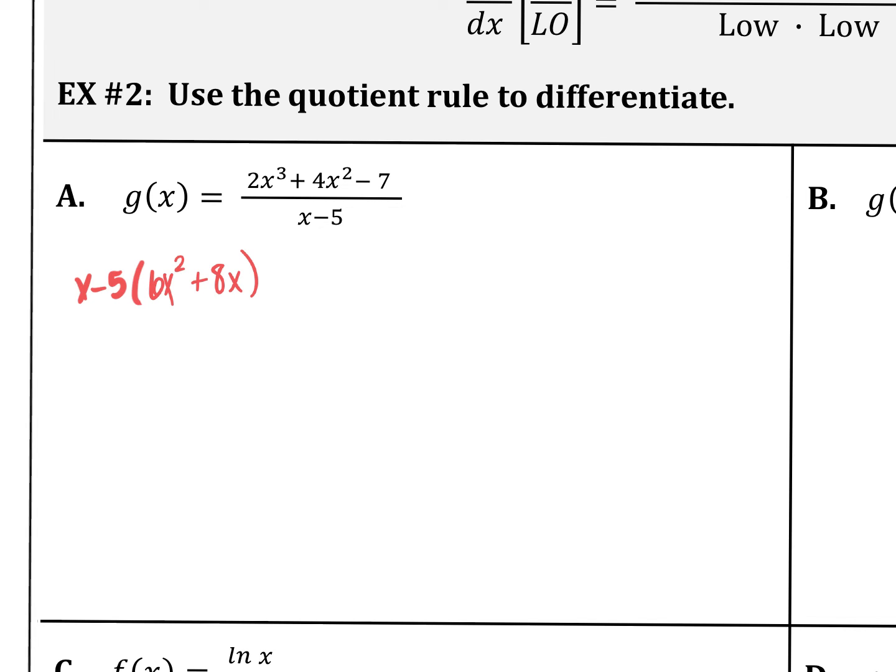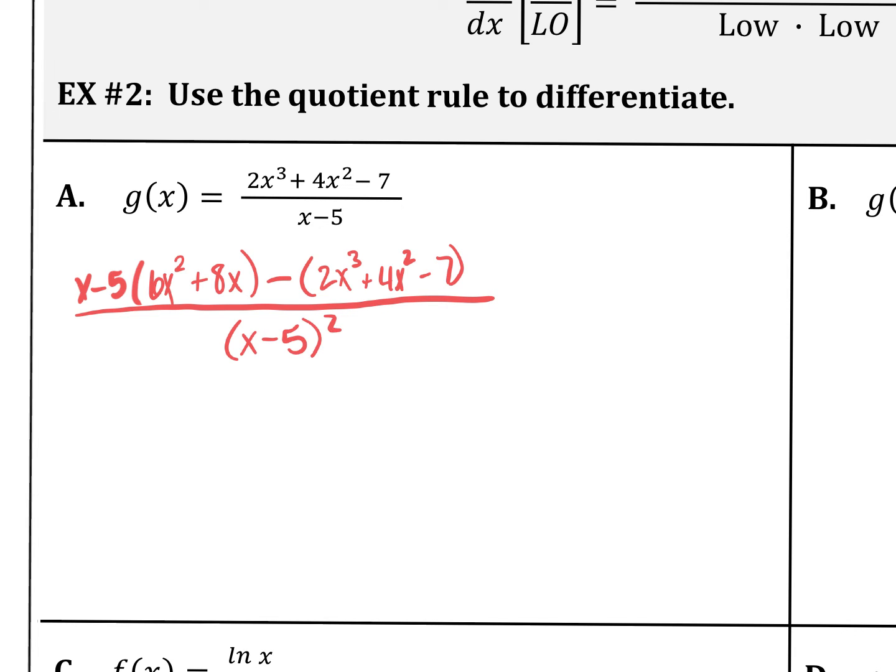Right, and then it's minus the top times the derivative of the bottom, which is just 1. So it's just minus 2x cubed plus 4x squared minus 7. Divided by the bottom squared.